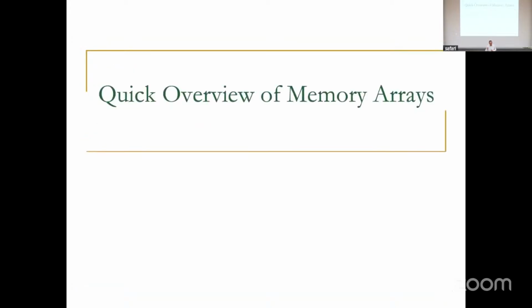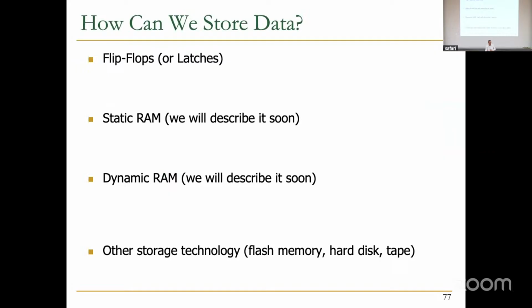So what's a memory array? We have seen memory arrays, for example, flip-flops. I'm going to introduce some more in this lecture. Now go back to lectures 3, 4, 5. Flip-flops are actually very fast, but very expensive. If you remember, one flip-flop cost tens of transistors, 20, 30, more, depending on what kind of flip-flop, what kind of latch you have. We're going to look at static RAM.